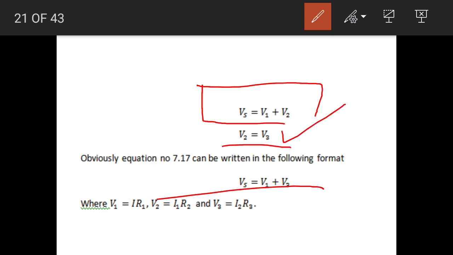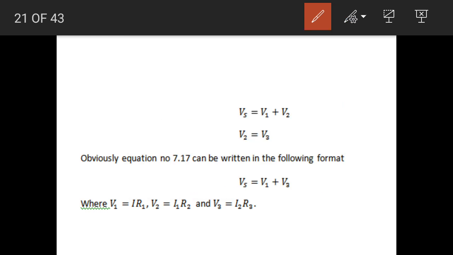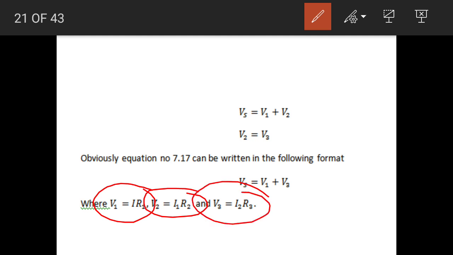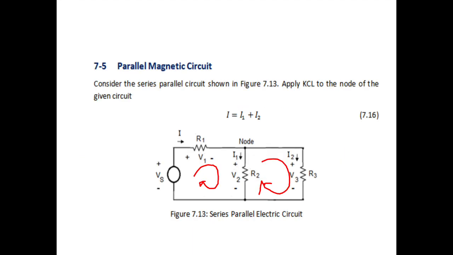So V1 will be equal to IR1, V2 will be equal to I1 R2, and V3 will be equal to I2 R3. Let us consider this circuit.